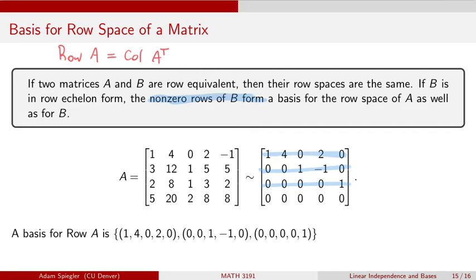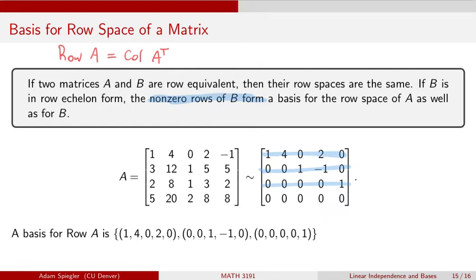So therefore, a basis for the row space of matrix A would be (1, 4, 0, 2, 0), (0, 0, 1, -1, 0), and lastly (0, 0, 0, 0, 1). This is going to be a subspace of the domain, which is R^5.